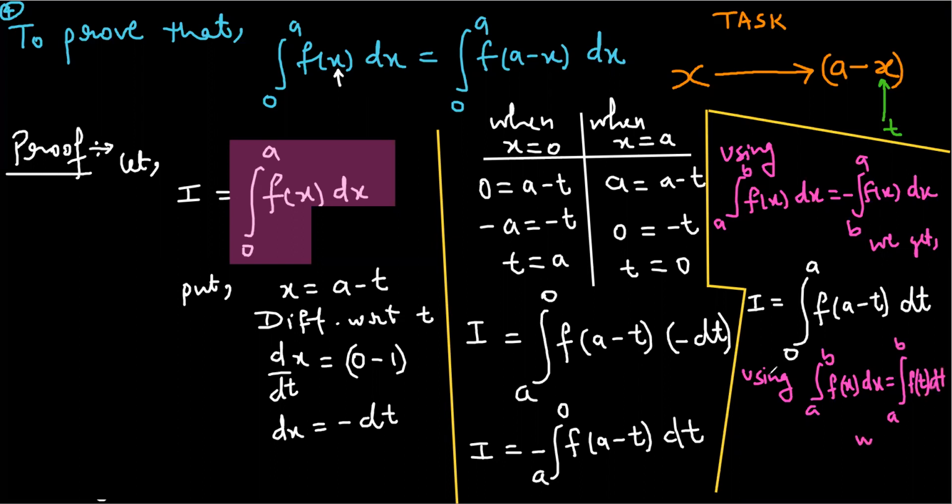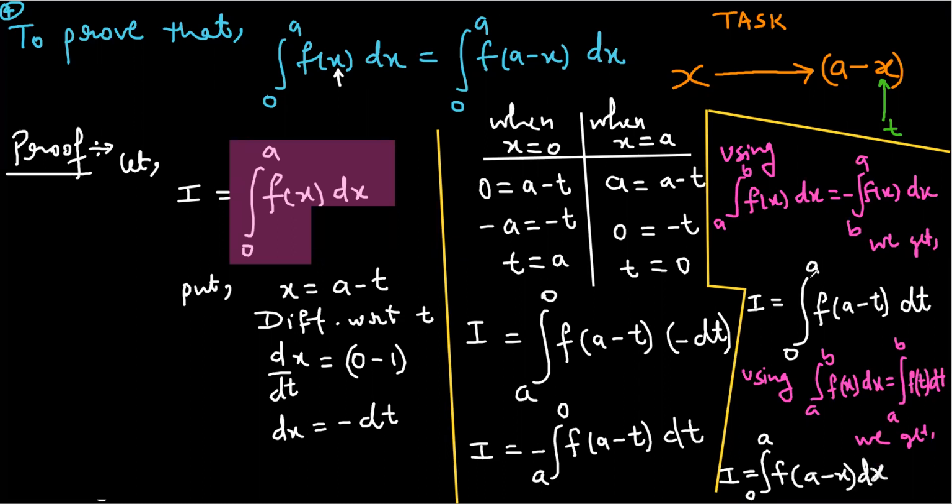What do I get? I get here I equals 0 to a. I maintain the same interval and the same function f. Now I'm allowed to change the variable. So a minus t dt will become a minus x dx.